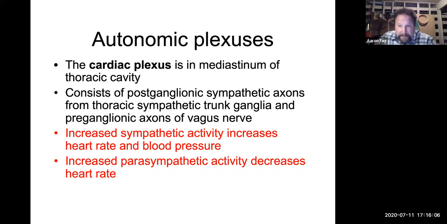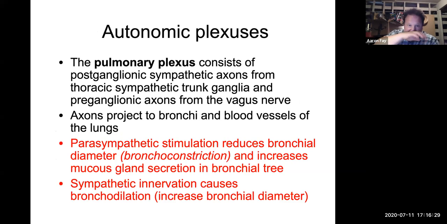Increased parasympathetic, because remember, in the cardiac plexus, you have both sympathetic and parasympathetic. Increased parasympathetic activity decreases the heart rate. So a positive signal from your sympathetic nervous system speeds the heart up, greater cardiac output, increased pressure. A positive signal coming in from the parasympathetic has the opposite effect, decreasing heart rate.